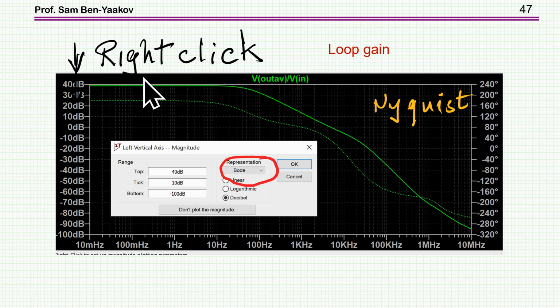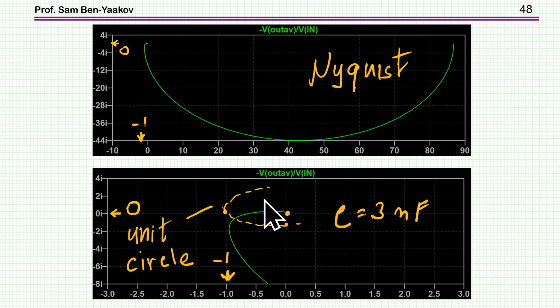Another way to look at it, in a more interesting and perhaps useful way, is not just to look at the Bode plot, but to look at the Nyquist. And as it turns out, LTspice has this option built in very nicely. So you right click on this window, then you change Bode to Nyquist, and here is what you get.